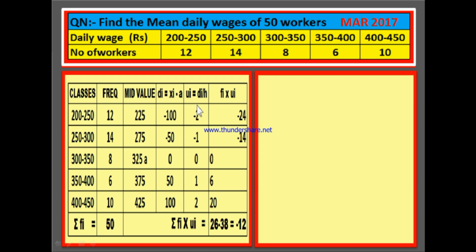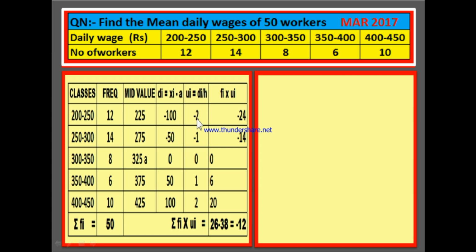Understood? Now the next column is for fi ui. Ui is this column, fi is this column. Now you have to multiply these two values only. You need not multiply with mid value now. You have to multiply with frequency and ui.